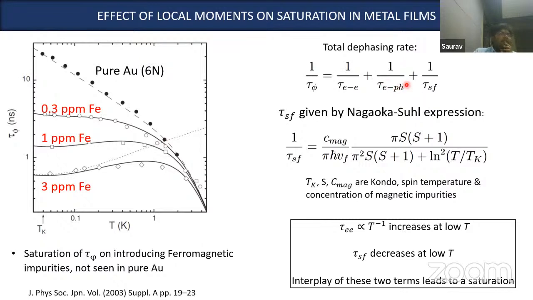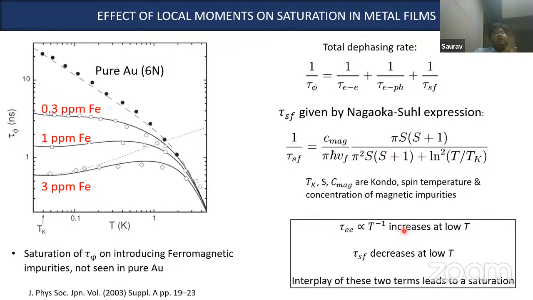Now, at these temperatures, the phonons freeze out, and there is no effect of phonons. So we can discard the electron-phonon effect, but electron-electron scattering increases as we reduce the temperature at low T, whereas the spin flip scattering rate actually decreases. So a combination of these two leads to the saturation.